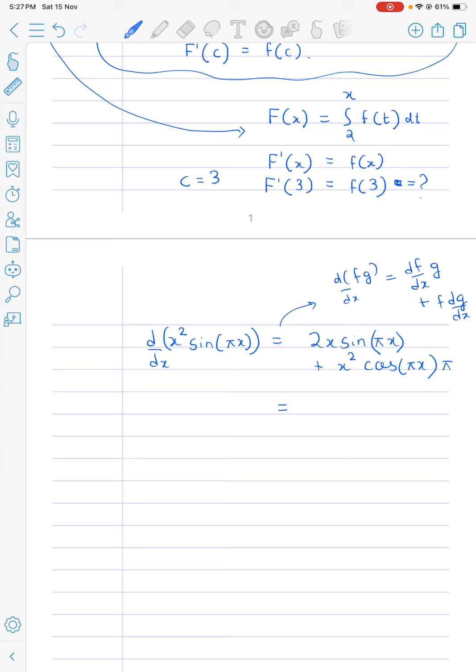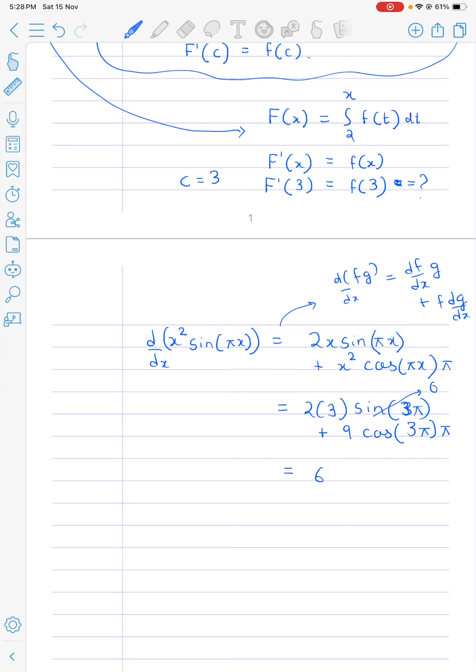If I put 3, then it will be 2 into 3 sine 3 pi plus 9 cos 3 pi times pi.